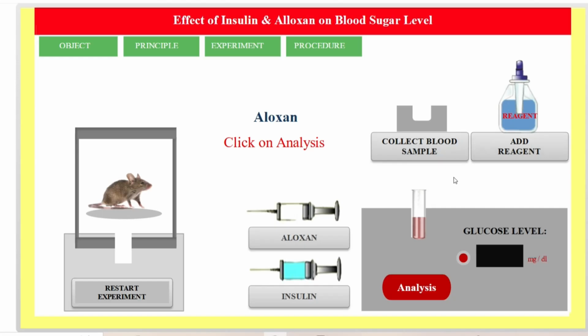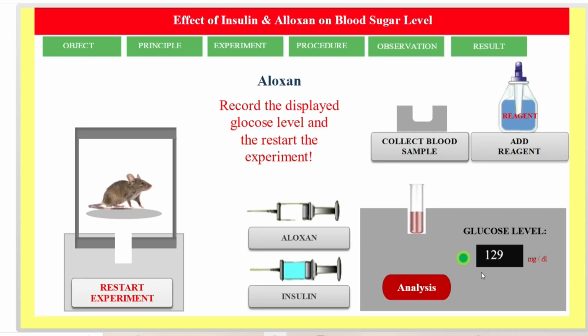Now we will check the blood glucose level in the glucometer. It is 129 after giving the Alloxan injection. It has destroyed the beta cells of the islets of Langerhans in the rat. Because of that, blood glucose level is increased.